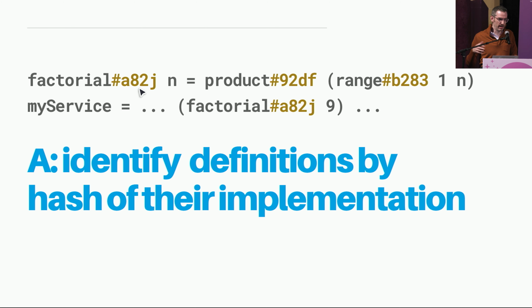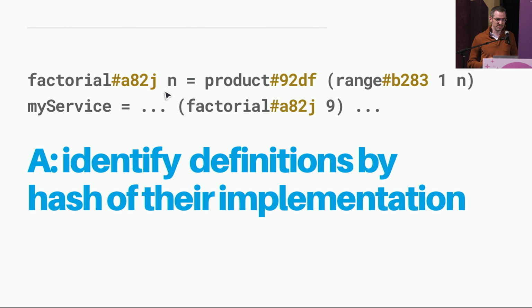It's also going to have a name, for showing the code to a human, but it's going to have a hash, and that hash is in turn going to be based on the hash of the product function, the range function, and all of the actual structure of the factorial function. So that hash is going to uniquely identify the exact version of factorial we're talking about, and it's also going to pin down the exact version of all its dependencies.